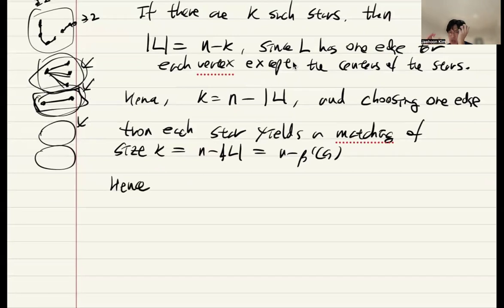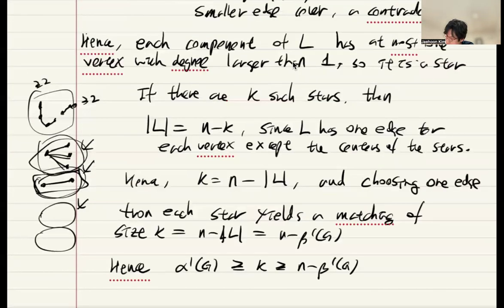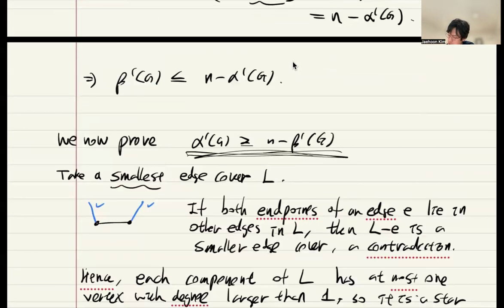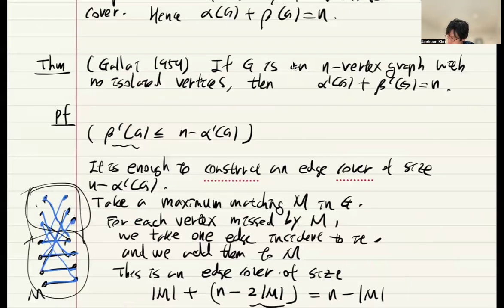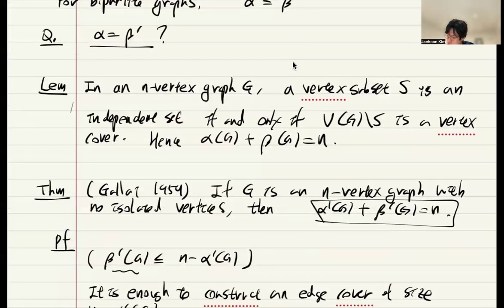So this gives you a matching, and alpha prime is the size of the maximum matching. So we get this inequality as desired. So these two together prove the theorem that this inequality holds.